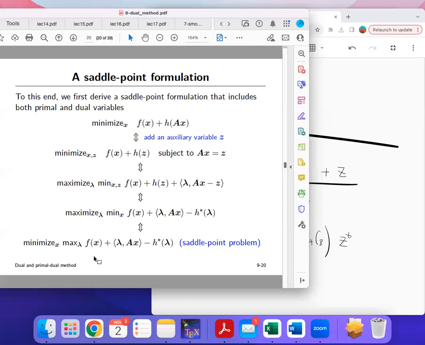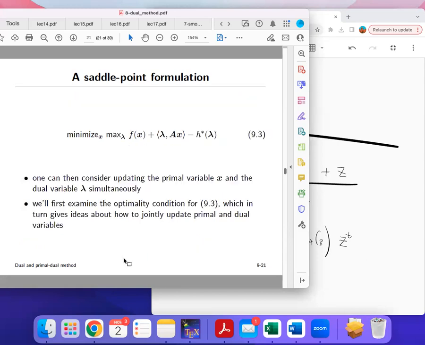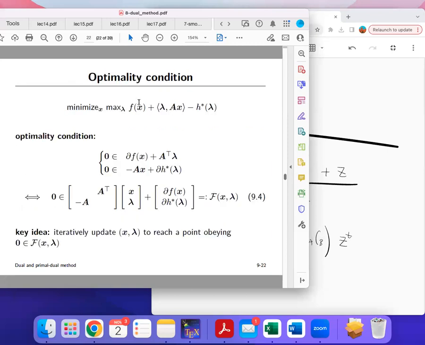And the nice thing about the saddle point formulation is that this A is no longer involved in H. A is inside this bilinear term. Now, how do we solve this saddle point problem? We look at these optimality conditions. It turns out that this optimality condition is to find a 0 of this big operator F.